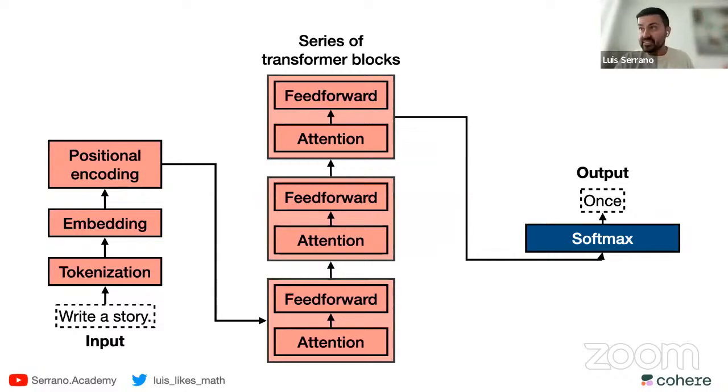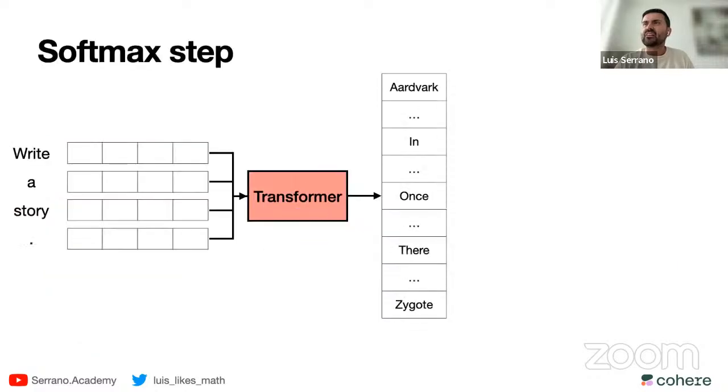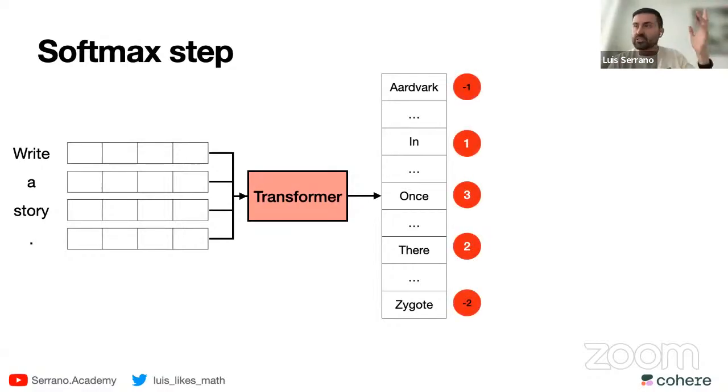And then finally, the softmax, which is an easier step. It really just gives you some probability. So when the transformer outputs stuff, it outputs a bunch of scores, a bunch of numbers for each one of the words. And the higher the score, the more likely that the word appears as the next word.